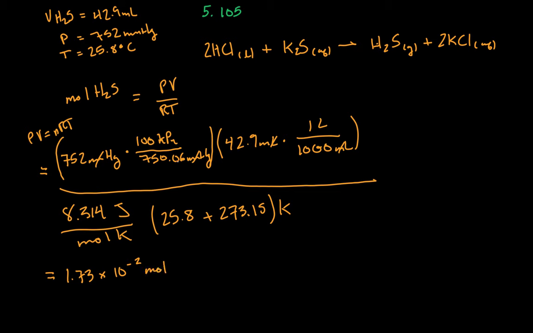Now here you see hydrogen sulfide and potassium sulfide have a 1-to-1 stoichiometry. That means this amount of moles is the same for each species, so we can go straight to the mass.